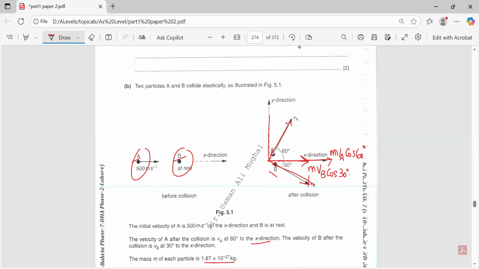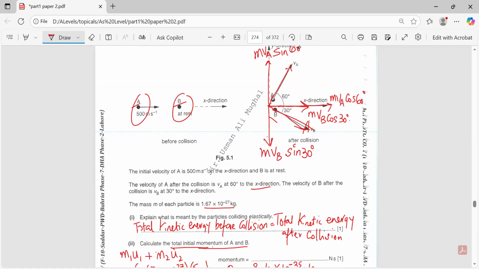And what will be the components along the vertical? It is mass of A times velocity of A sine of 60 degrees. And for ball B, the vertical component will be written as mass times vB sine of 30 degrees. So this is the way we can divide the two-dimensional momentum into its components.